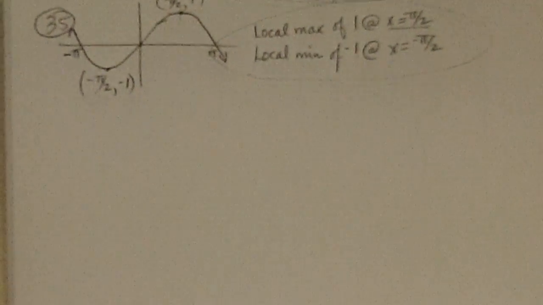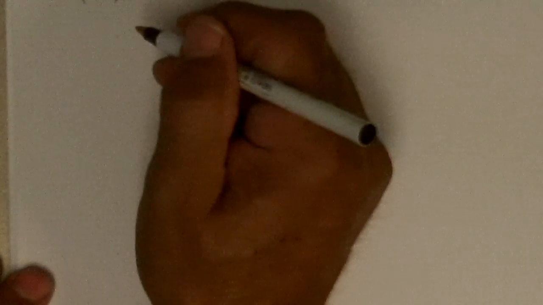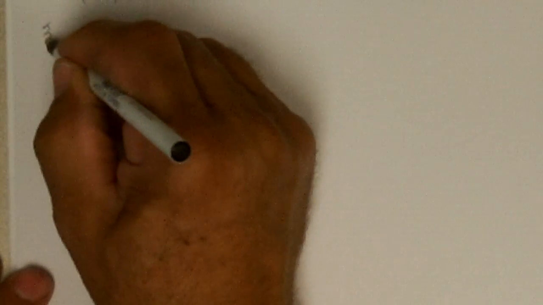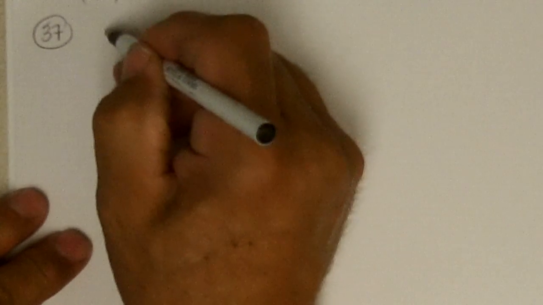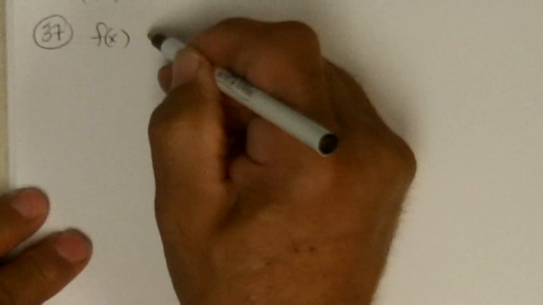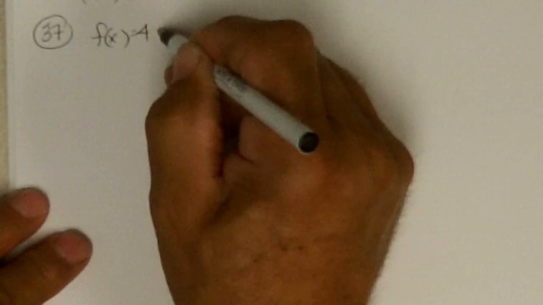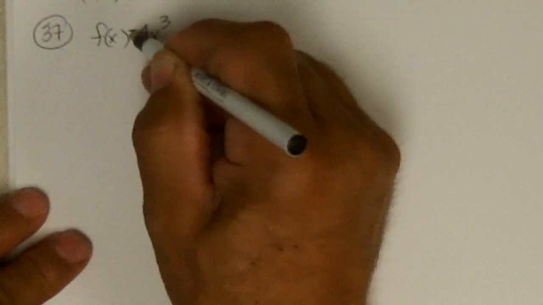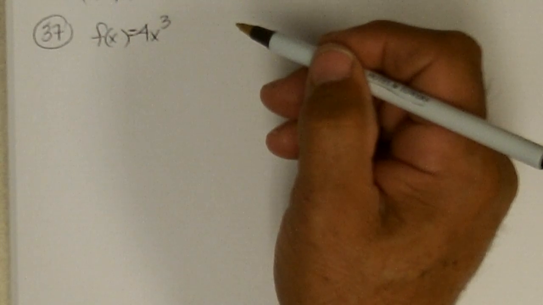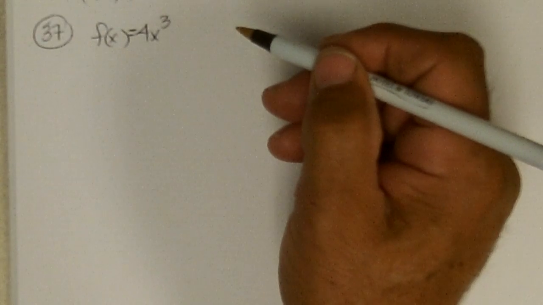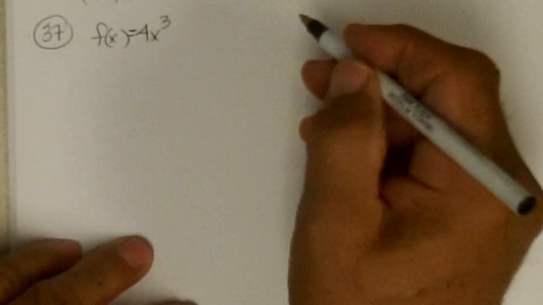So that's 35. Now we'll go on to 37. And 37 says f of x is 4x to the third, and determine algebraically whether the function is even, odd, or neither.